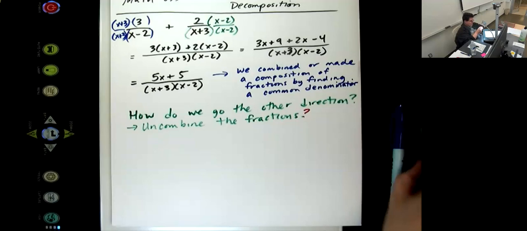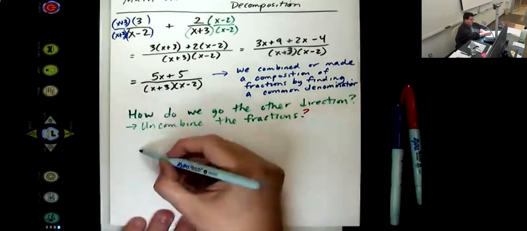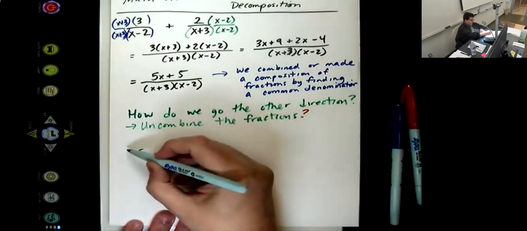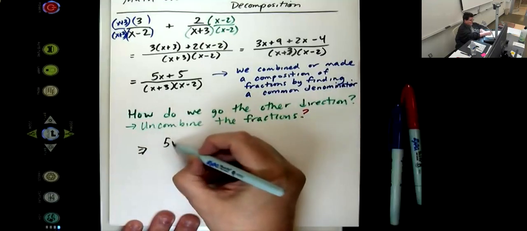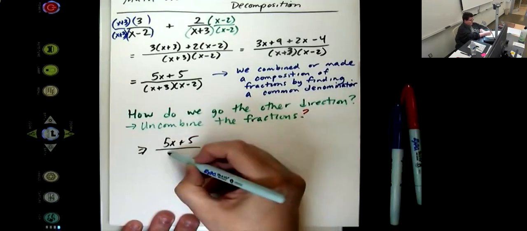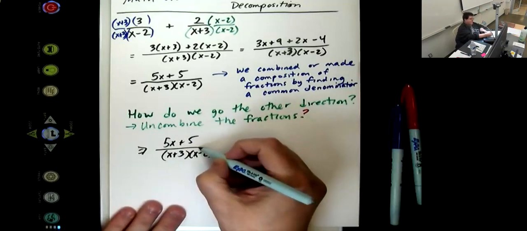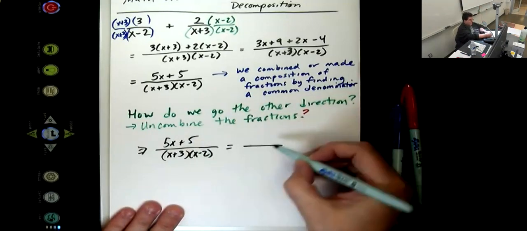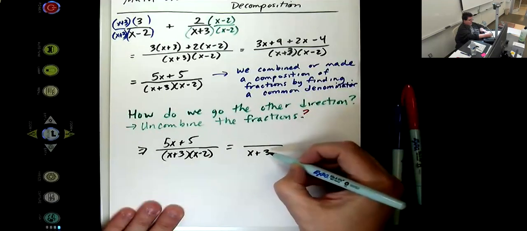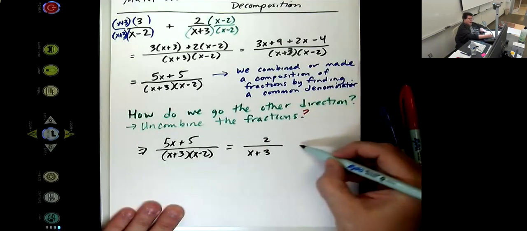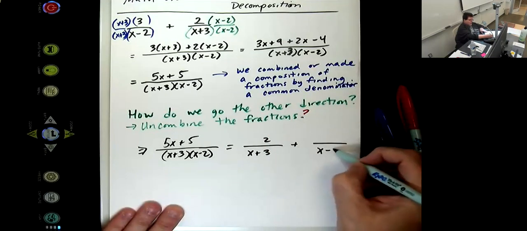Can I start with 5x plus 5 over x plus 3 times x minus 2, and get 2 over x plus 3 and 3 over x minus 2?